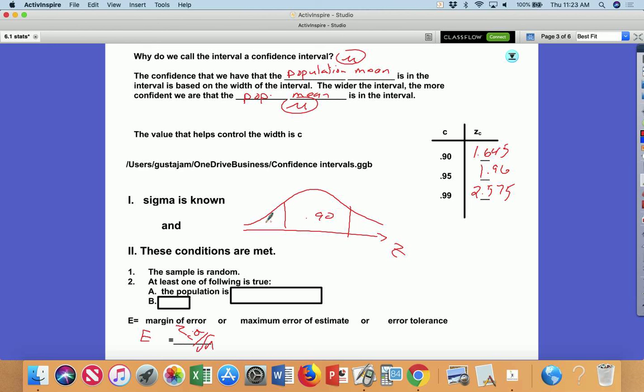So if this is 90, what's that? 5, right? And so this is 5. If you looked up the Z-score that cut off the bottom 5%, or the top 5% from the bottom 95, it would be negative 1.645 and positive 1.645. Then you just ignore the negative, and that's your Z-score. This is called your critical value.